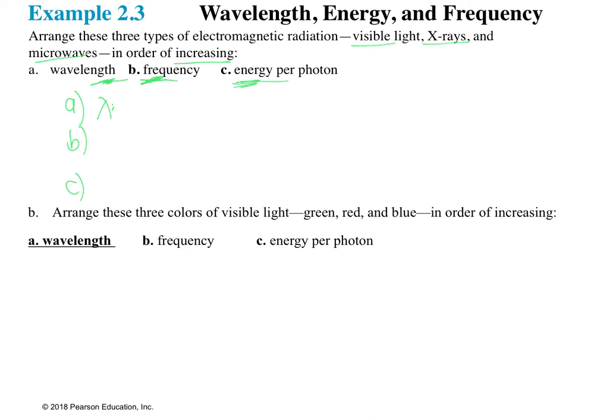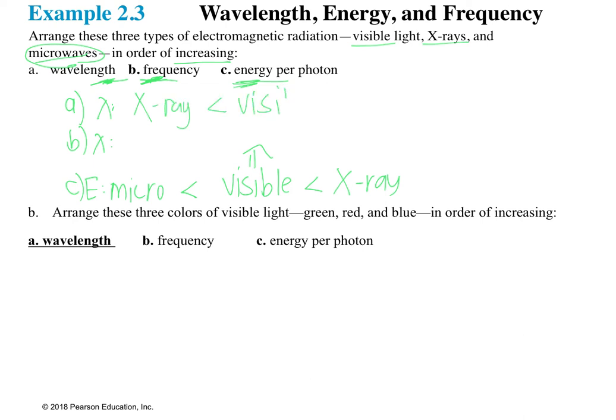If we look at the sheet, we know microwaves have lower energy, so it'll be microwaves, and then visible, and then X-rays have the highest amount of energy. This will be the same for frequency. For wavelength, it's going to be opposite. X-rays have the shortest wavelength, and then visible, and then microwave.